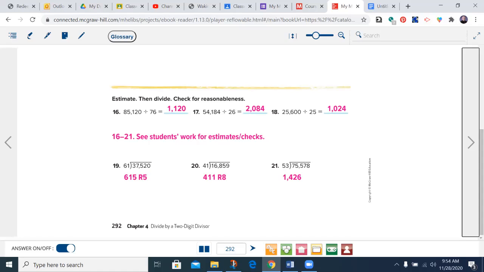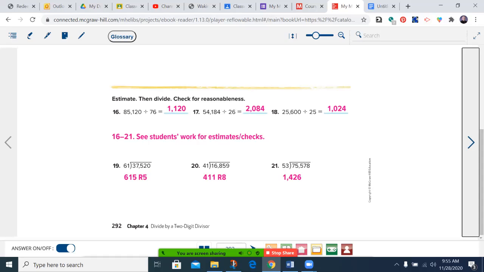Now number 19, in the next row, we need to do one of these three. 37,520 divided by 61 is going to be 615, remainder 5. Number 20, 16,859 divided by 41 is 411, remainder 8. And number 21, 75,578 divided by 53 is going to be 1,426.